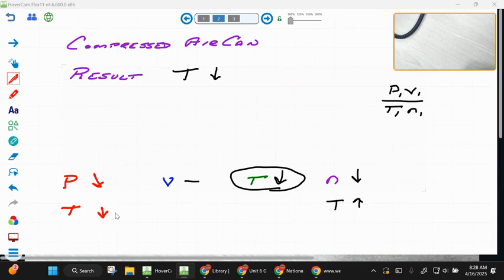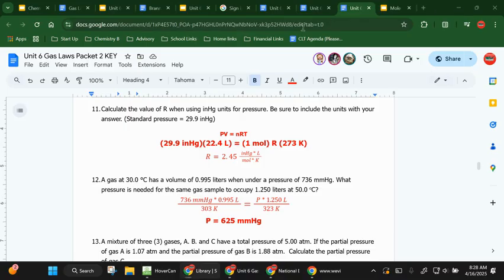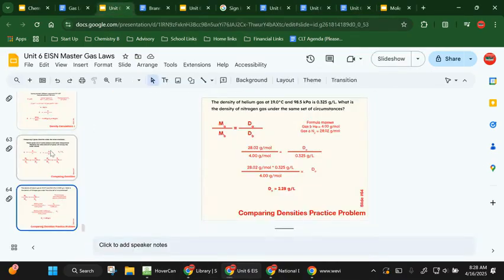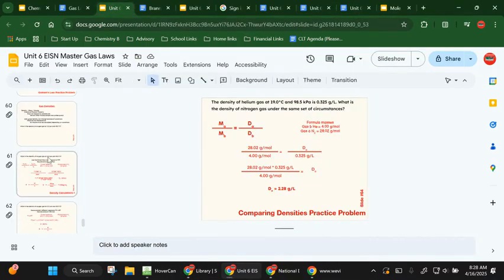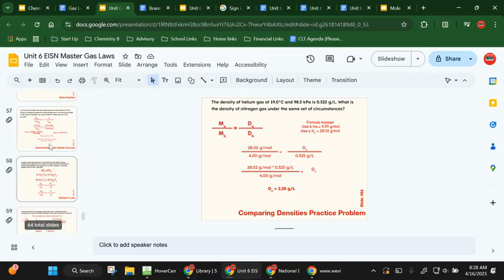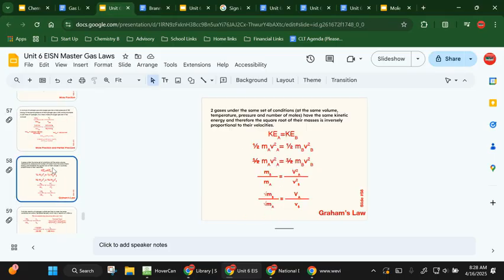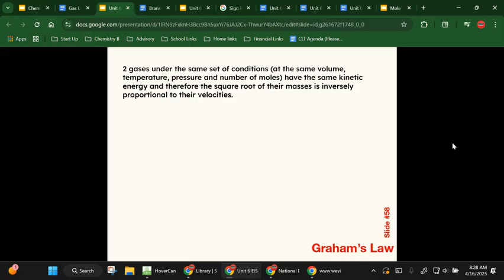Okay. All right. So, here's where we're at, ladies and gentlemen. I am in the EISN, and I am on slide 58. So please open it up to slide 58. Okay.